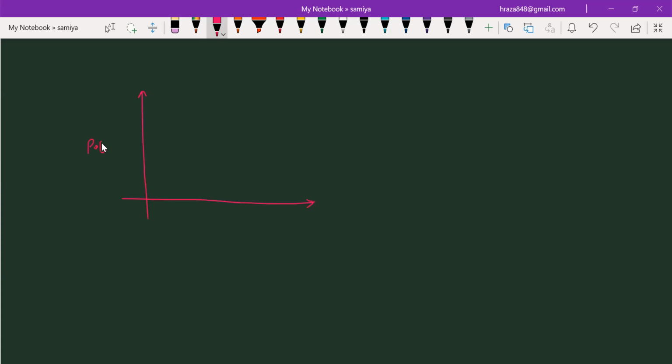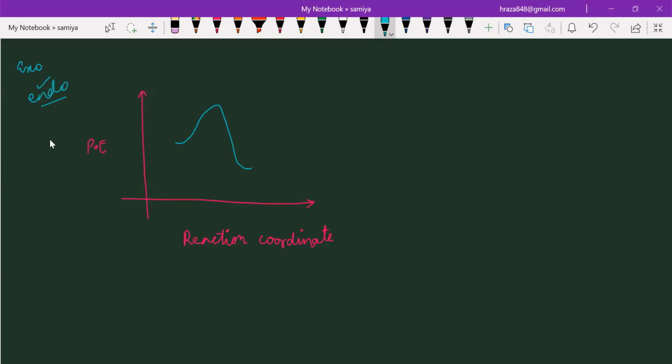This is a graph between potential energy and the reaction coordinate. And the graph is like this. Can anyone tell me, is this graph for exothermic or endothermic?